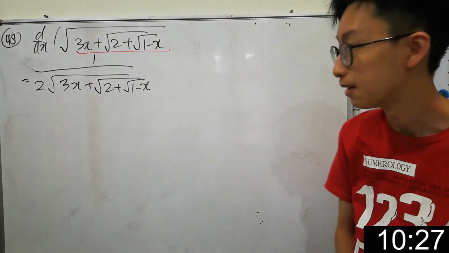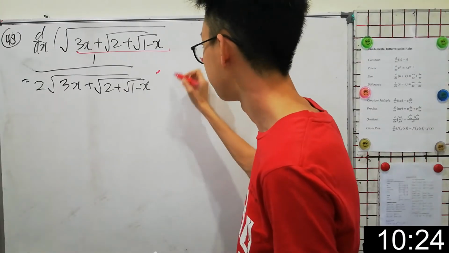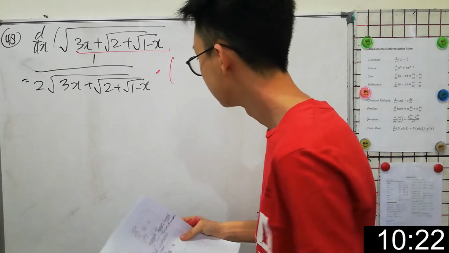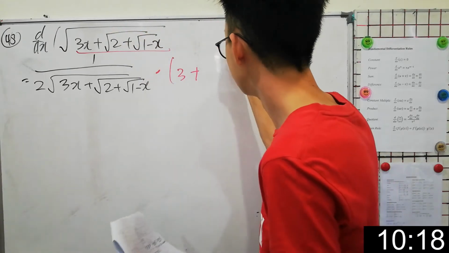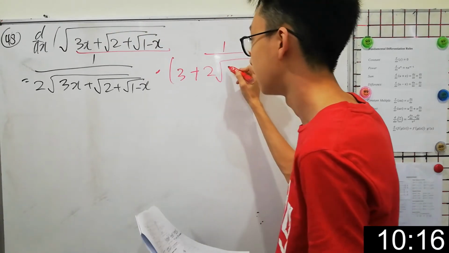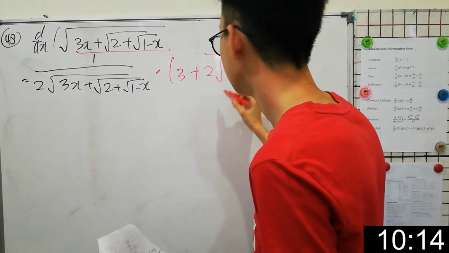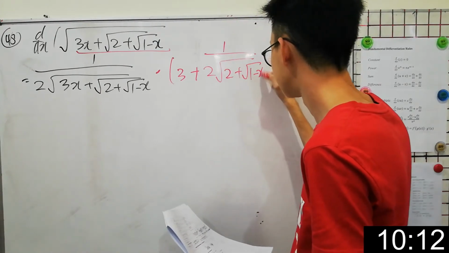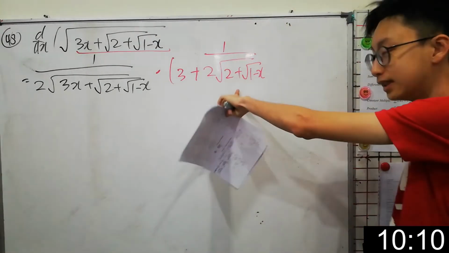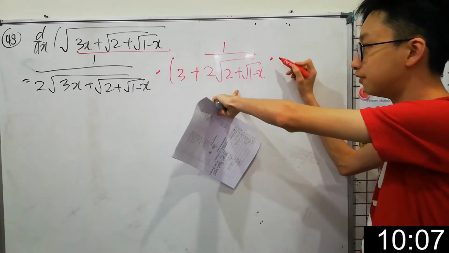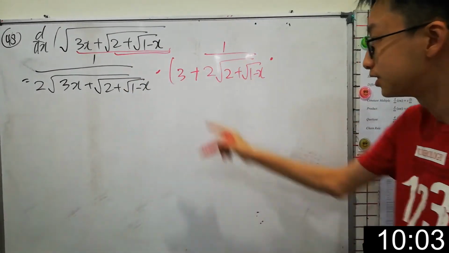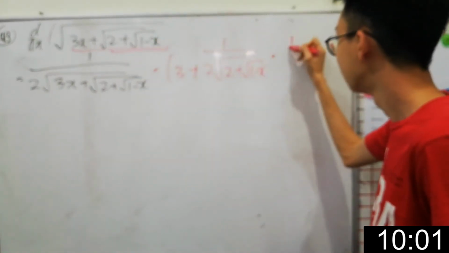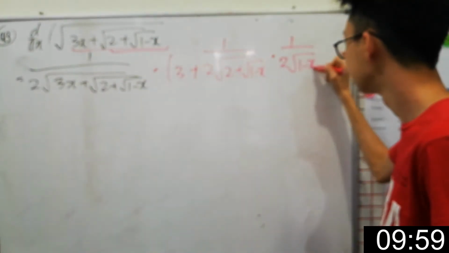Okay, then you just times with the derivative of this part, which is 3 plus, this should be a 1 over 2 times 2 plus square root 1 minus x again. Okay, then this one again, you need to multiply with the derivative of this part. Okay, so it's a 0. Okay, 0 plus 1 over 2 square root 1 minus x again.